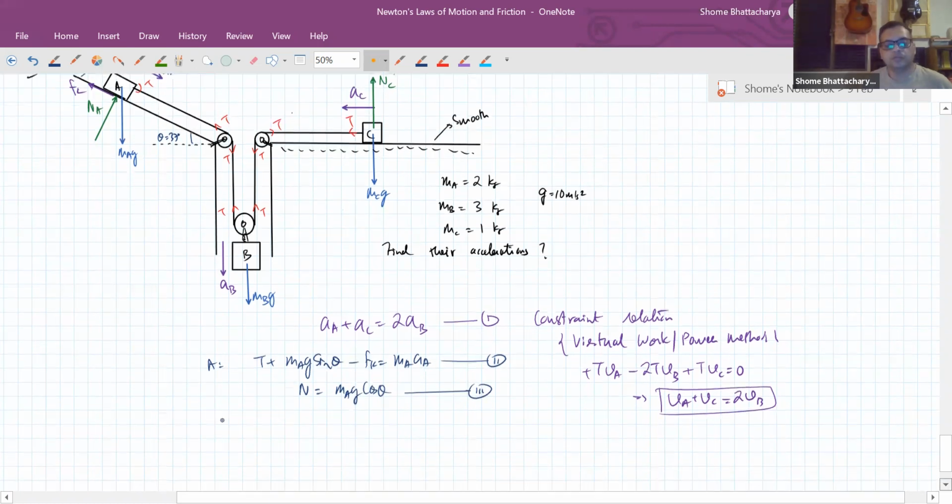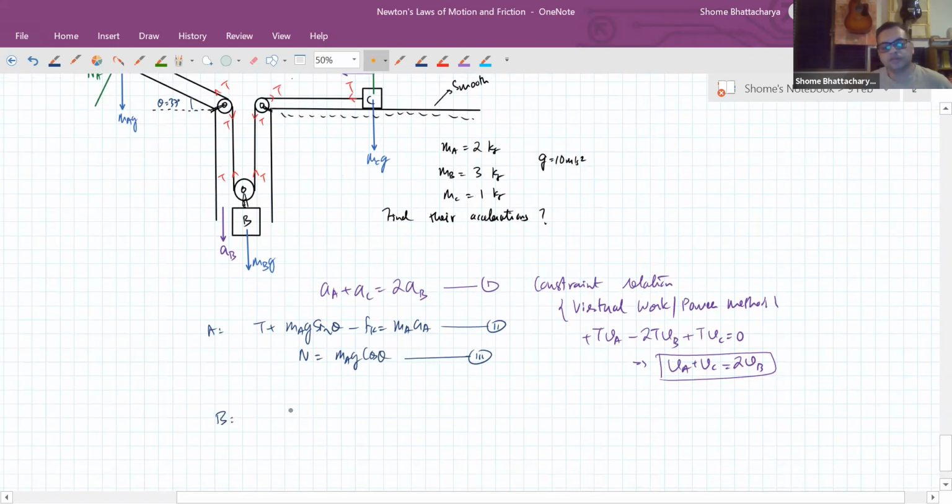Then for the block B, we'll have weight minus 2T is mass into acceleration. And finally, for the block C on the other side, we will have T is equal to mass into acceleration. Normal reaction balances the weight. That's not really a significant equation.